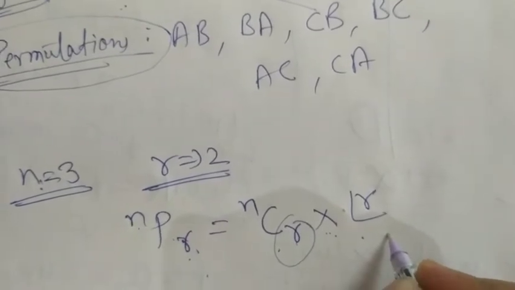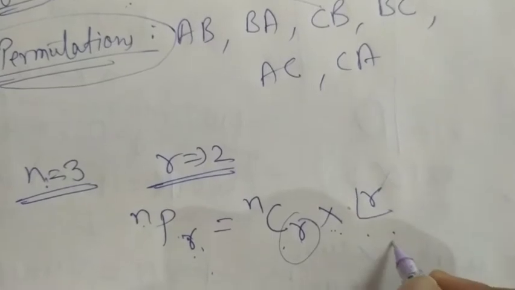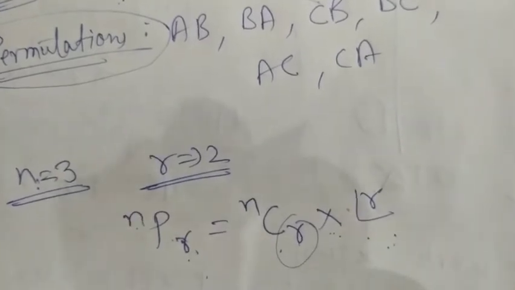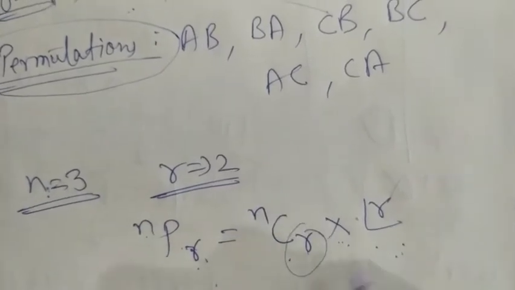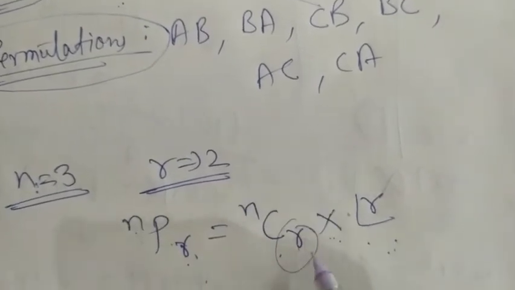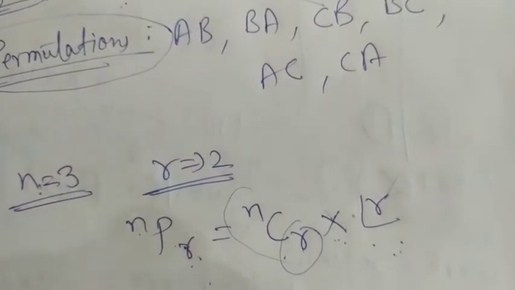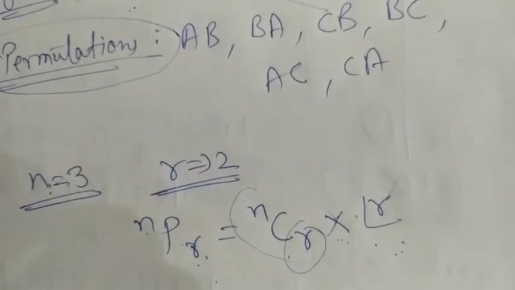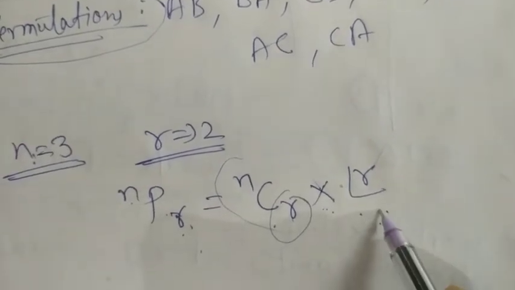With the fundamental principle of counting, when 2 works are happening together, then the total number of ways of doing the work is the number of ways of doing the first work multiplied with the number of ways of doing the second work.